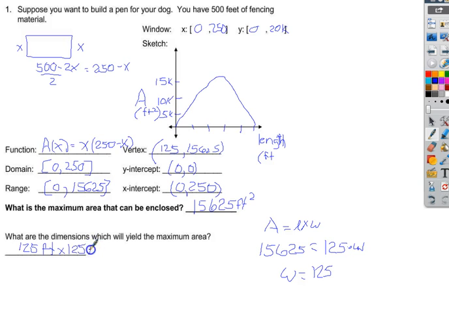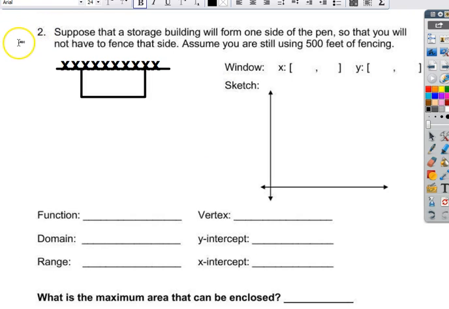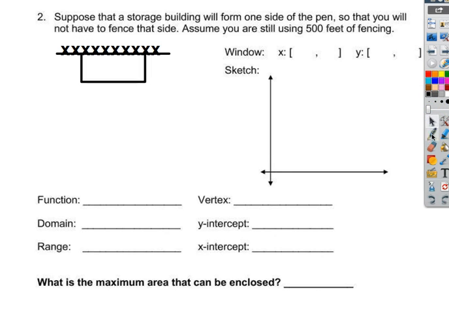Okay, we're going to move on now and work on problem number 2. Problem number 2 is a little bit different. Now we have a building, and I represented it here with the axis. I've redrawn the drawing. We still have 500 feet of fence. Our width is equal to x, our other width is equal to x, and our length is equal to 500 minus 2x.